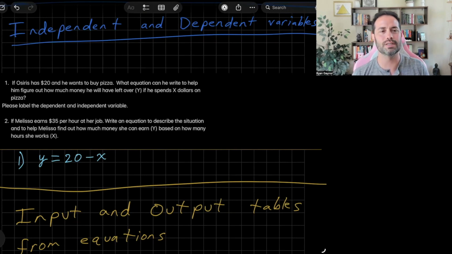Now, the question is, what is the dependent variable? What is the independent variable? The way that I like to describe this is, let's say for a kid who still lives at home with their parents, that kid is dependent on their parents for shelter and food and money and all of those things.